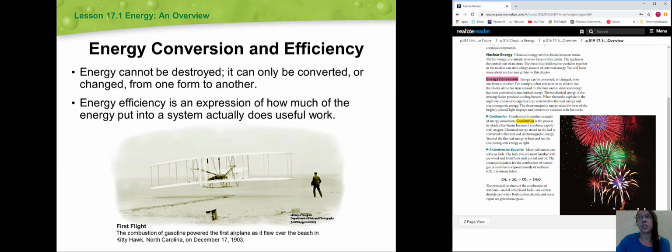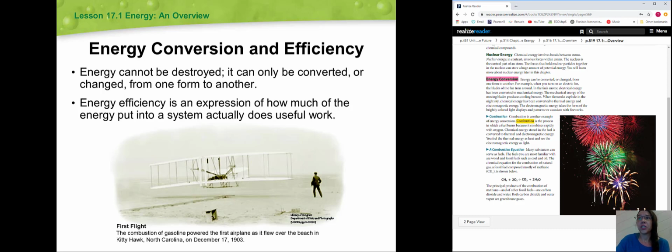So what is combustion? Combustion is another example of energy conversion. Combustion is the process in which fuel burns because it combines rapidly with oxygen. So chemical energy stored in fuel is converted to thermal and electromagnetic energy, and we feel the thermal energy as heat and see the electromagnetic energy as light.